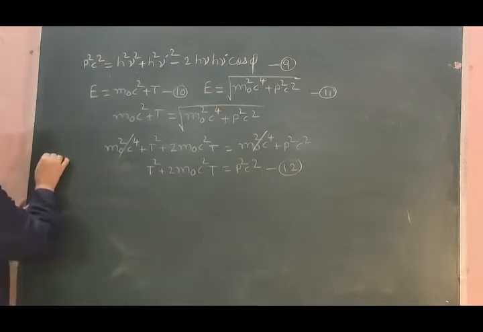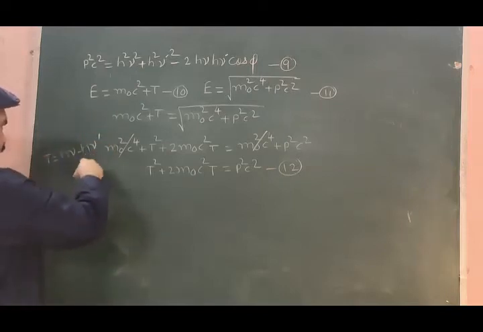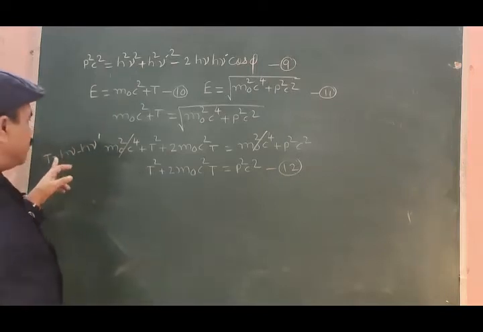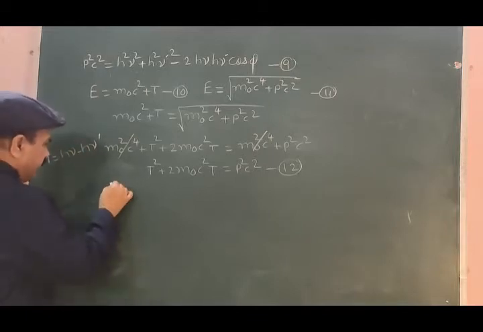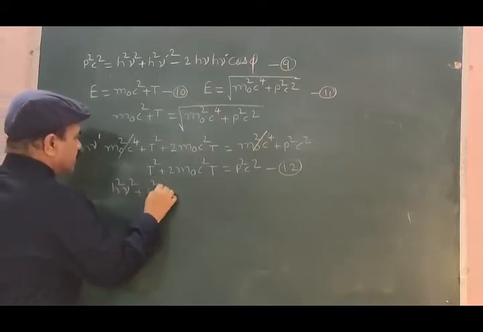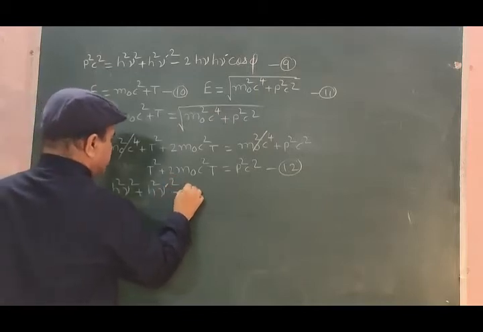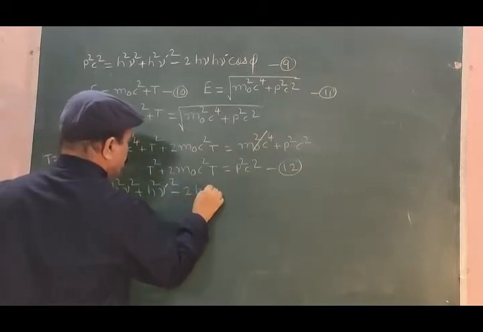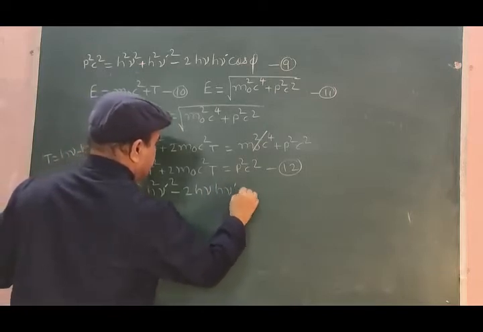T is h nu minus h nu dash, square of this. So, a square plus b square minus 2ab. Let me write it here: h square nu square plus h square nu dash square minus 2 h nu into h nu dash.